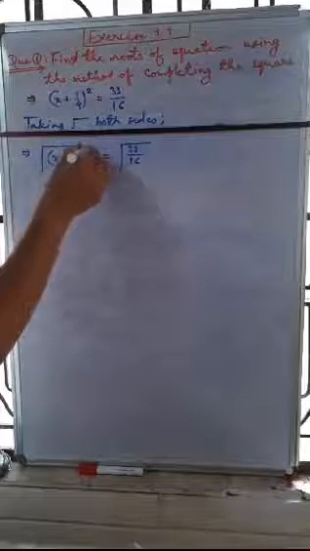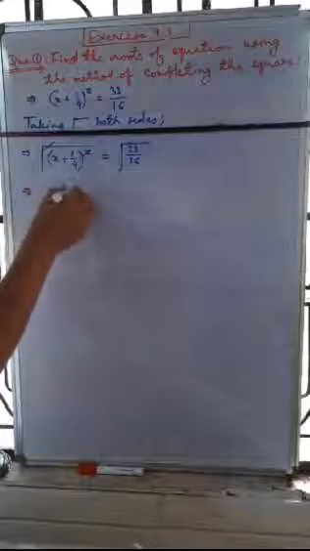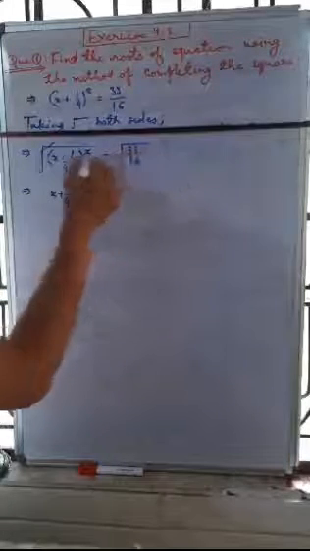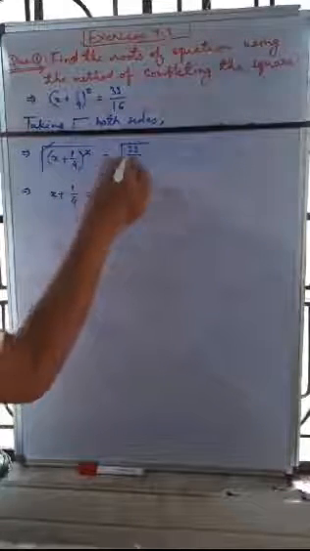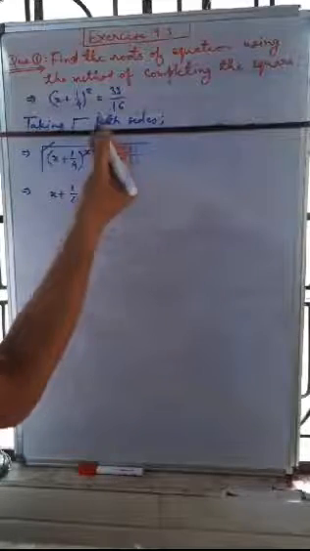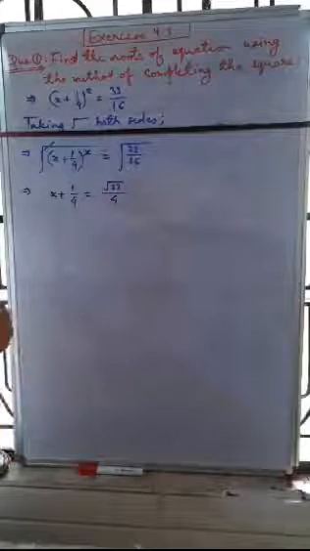Now the square can be cancelled by the under root, so we are having x plus 1 by 4. Now under root 33 cannot come outside from the under root, so it is as it is, but 16 can come out, so under root 16 is equal to 4.